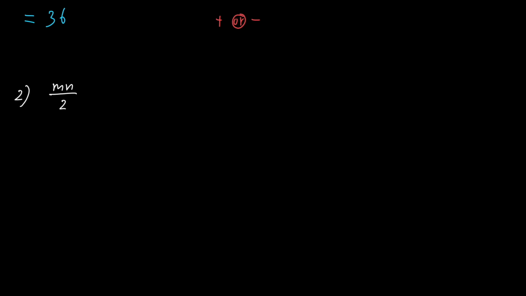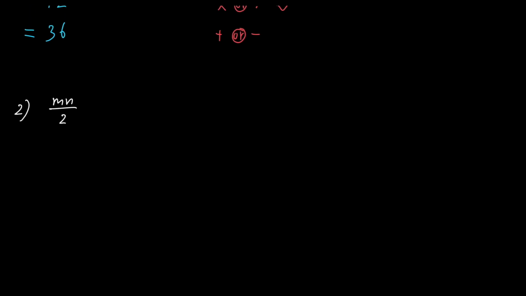For the second one, we have mn over 2. So m is 7, and variable n is 4. Why don't we just replace those values back into this expression? So let's do that.